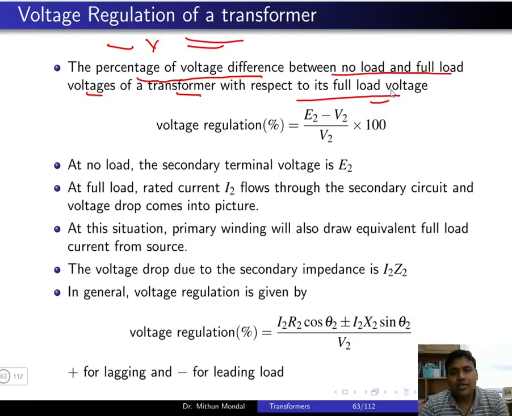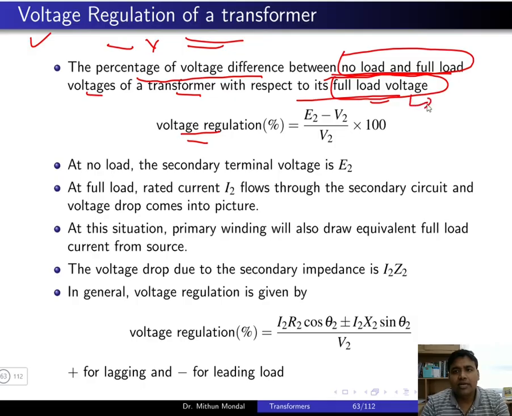Voltage regulation has to be kept at a minimum. The lower the voltage regulation, the better the machine is. The performance of the machine is basically judged in terms of the voltage regulation. Voltage regulation is basically the difference between the no load and full load voltage, and the reference we take to calculate it is the full load voltage, because the full load voltage is the rating of the machine, right?